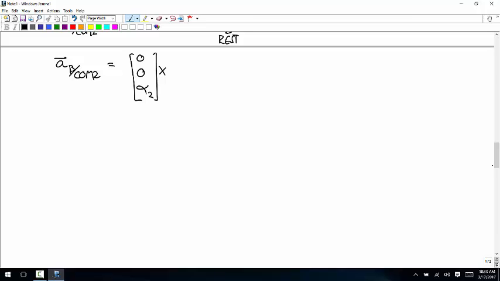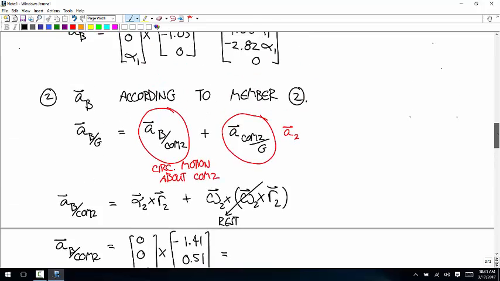Yeah, let me just write this equation down. So that's negative 1.41, 0.51, 0. Okay.